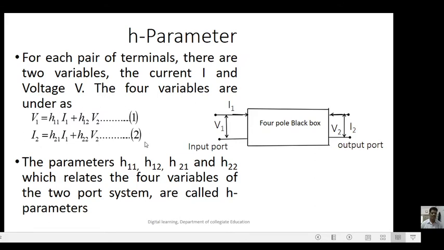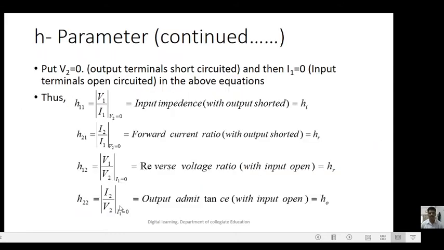If we learn these two equations, the entire H parameter calculation will be very easy. Therefore H11, H12, H21 and H22, which relate the four variables of the two-port system, are called H parameters.